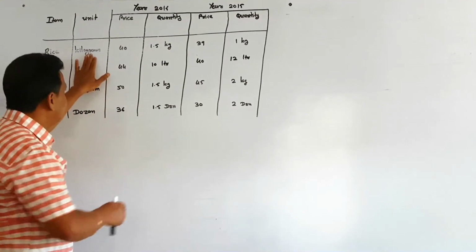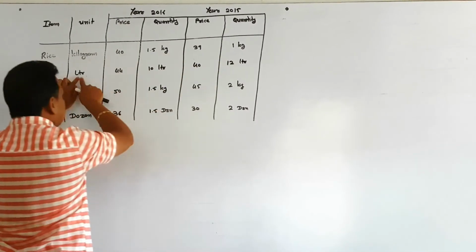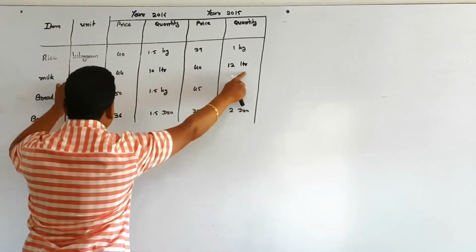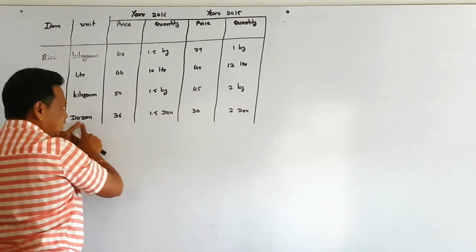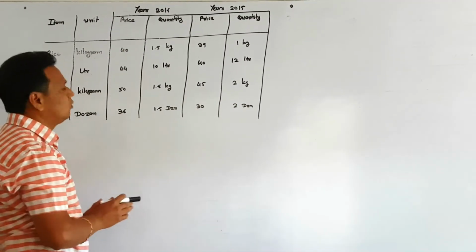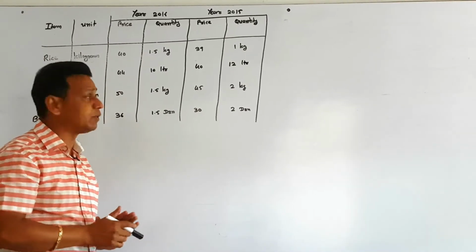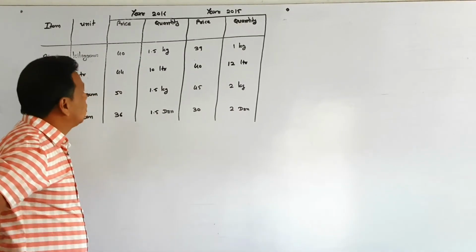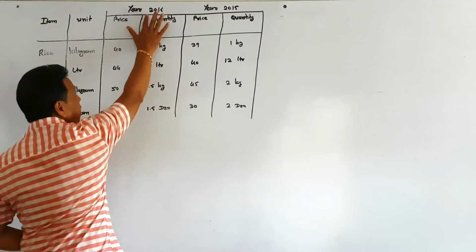But here they have equalized: prices are per kilogram and quantity is available in kilograms. Liters, the quantity is available in liters. Kilograms, the quantity is available in kilograms. Dozen, the quantity is available in dozens. No need to change anything here. This question comes out very simple. We have to calculate the index number for 2016, so this is our current year.